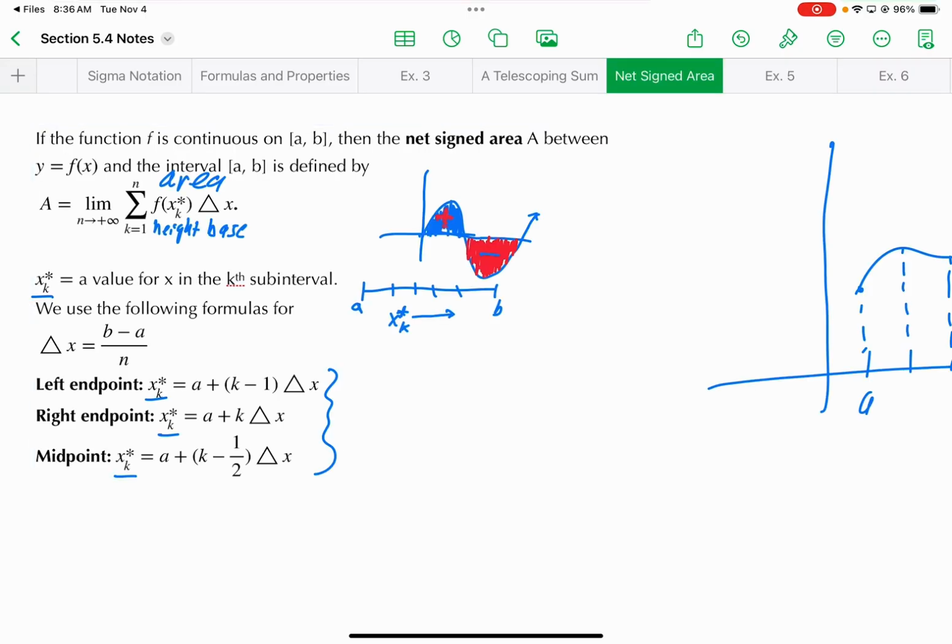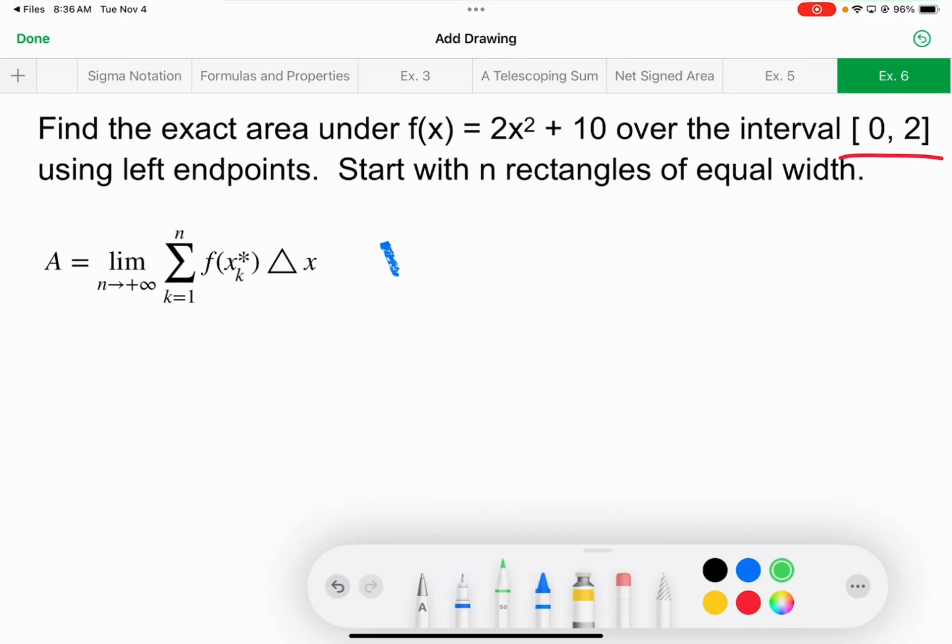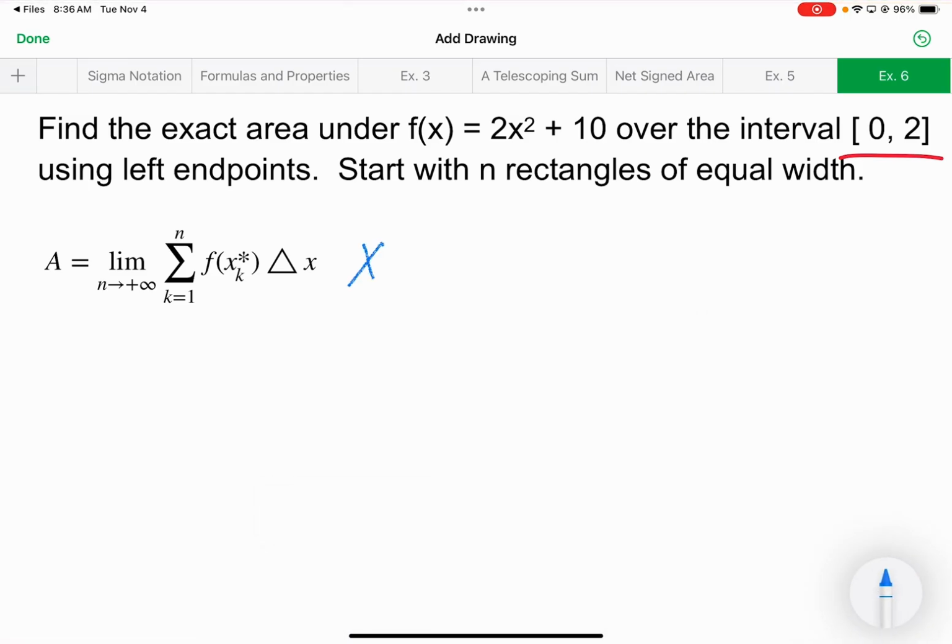So from the previous slide, our left endpoint formula is there. x sub k star equals a plus k minus 1 times delta x. Also on the board as well. Okay, so x sub k star equals our a value, which is conveniently just 0, plus k minus 1 times our change of x.